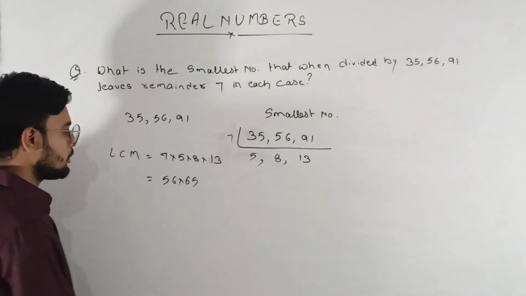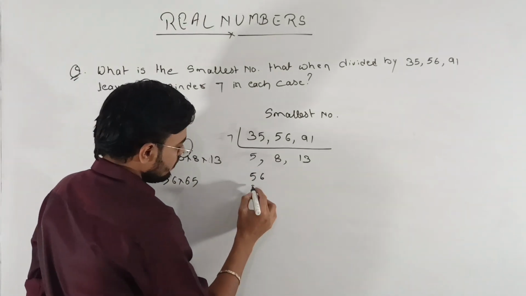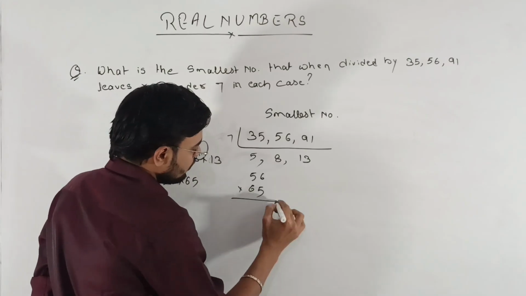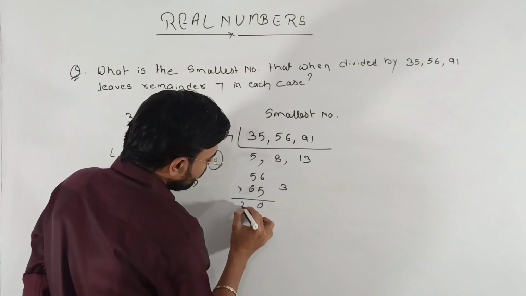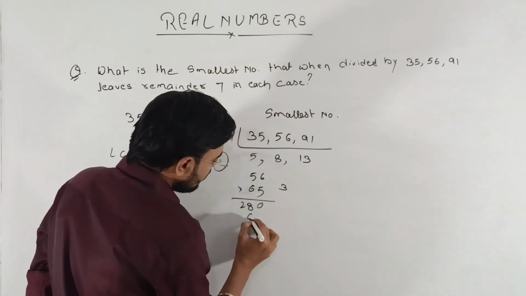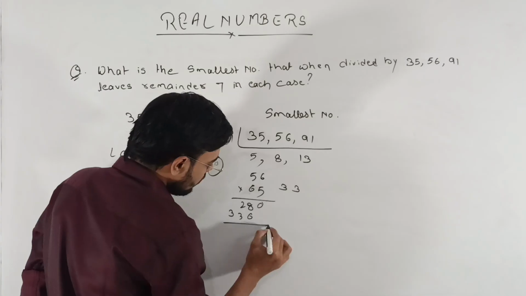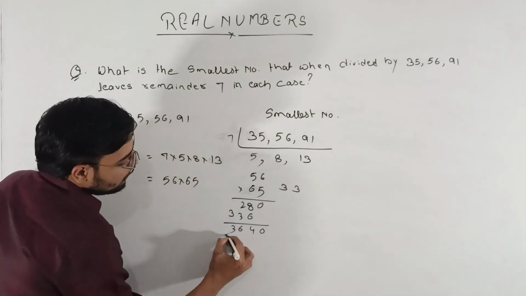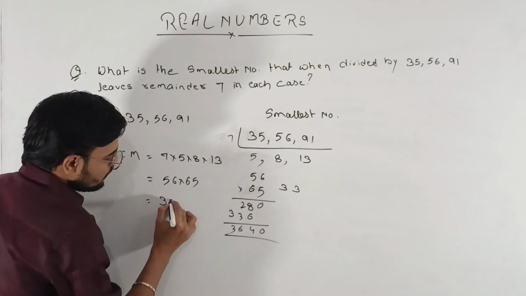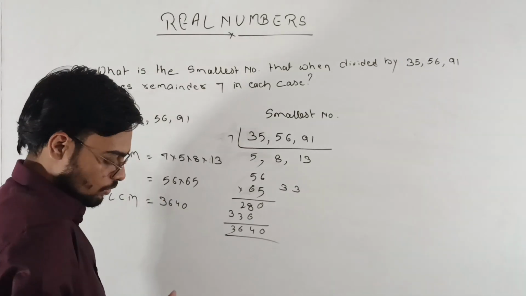Now multiply 56 and 65. 6 times 5 is 30, carry 3; 5 times 5 is 25 plus 3 is 28; 6 times 6 is 36, carry 3; 6 times 5 is 30, plus 3 is 33, and so on. Then the LCM is 3640.